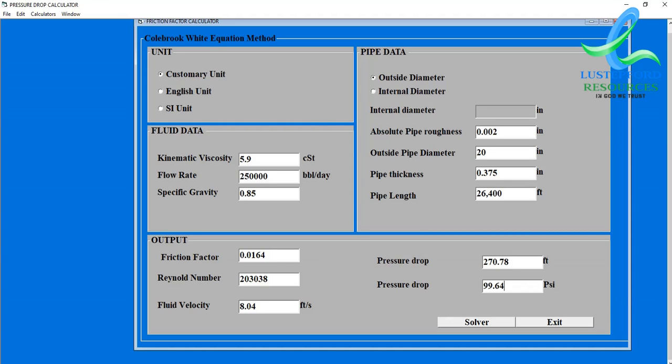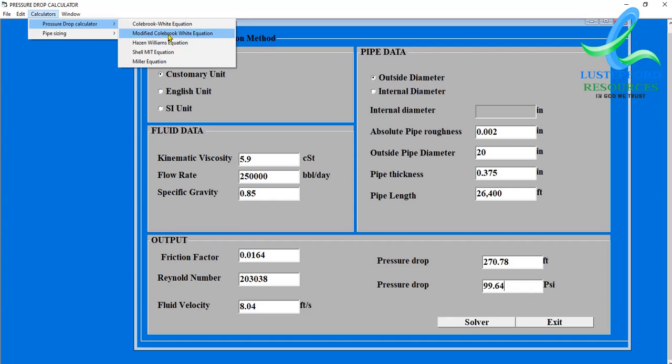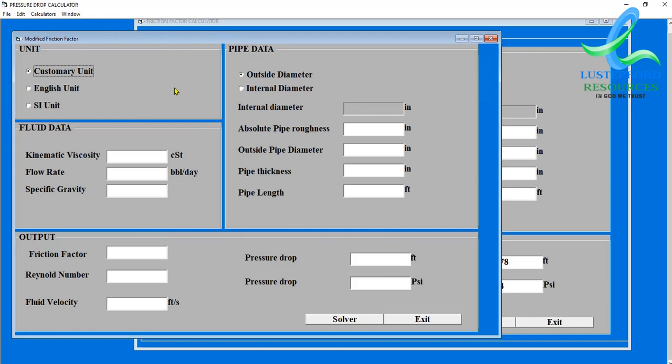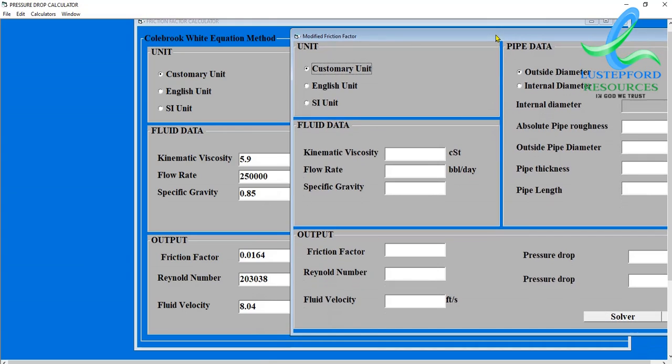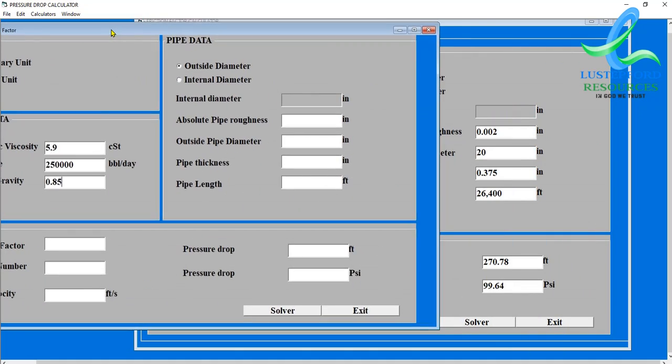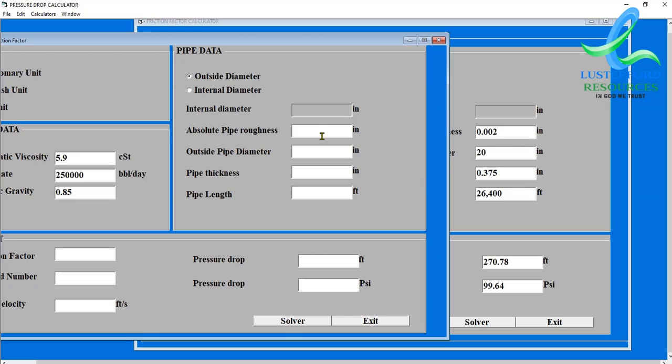Now let's look at the difference. Let's calculate the pressure drop using the modified Colebrook-White equation. We have this to be 5.9, this to be 25,000, this to be 0.85. Now this is 0.002, this is 20, this is 0.375.